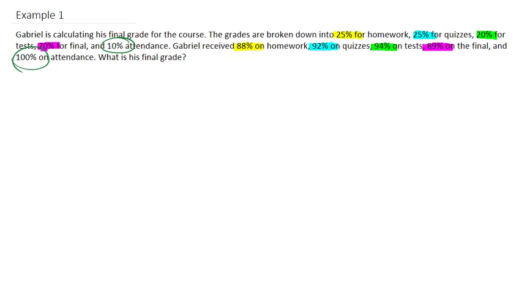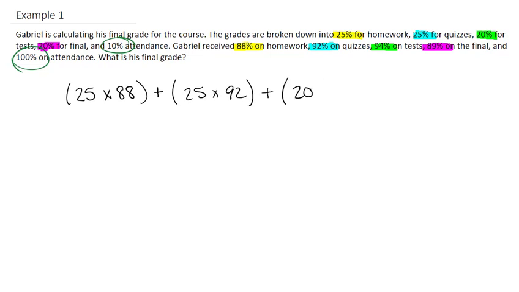So how you would do this is you see we have a 25, and we're just going to multiply them together. 25 times 88 plus 25 times 92 plus 20 times 94 plus 20 times 89 plus 10 times 100.